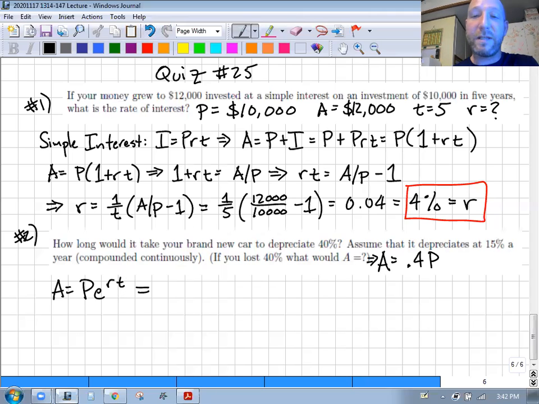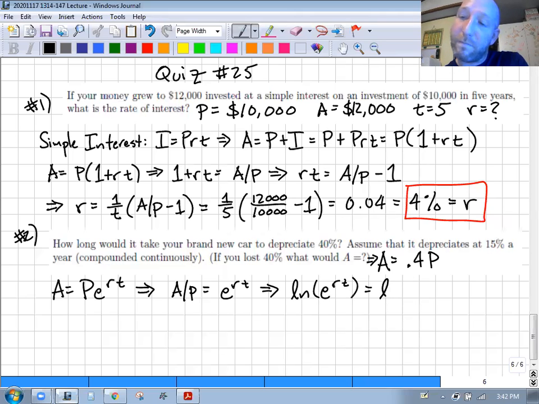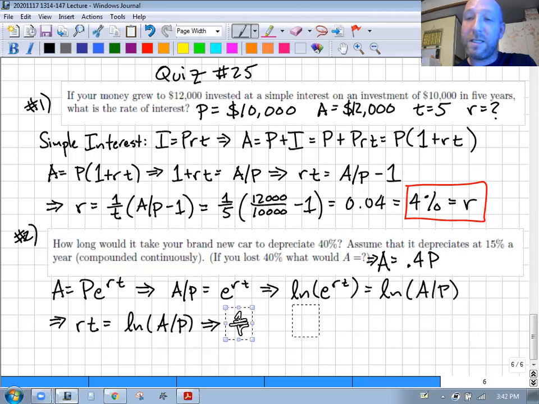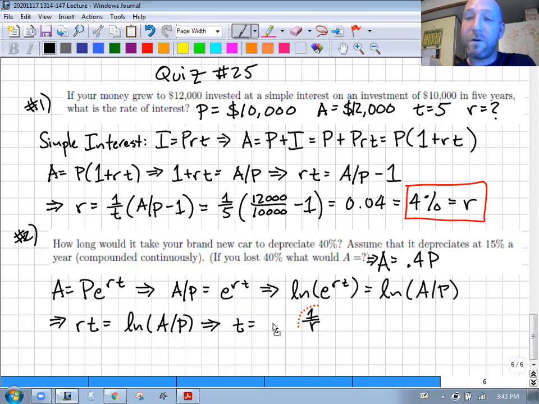So if we rearrange this to get t by itself, we divide both sides by P. Take the natural log of both sides. So that gives us RT equals the natural log of A over P. And now divide both sides by R. We have T is 1 over R times the natural log of A over P.